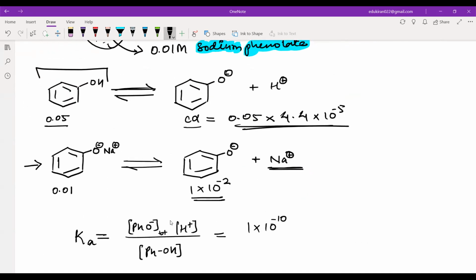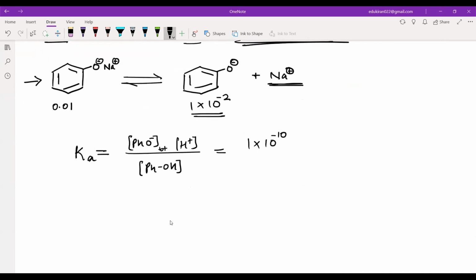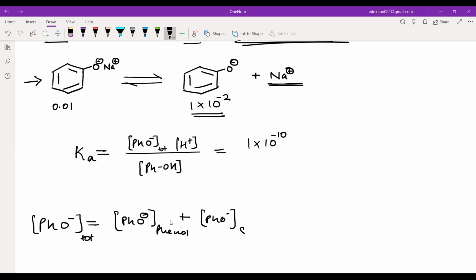So I can write the total PhO negative, that is the phenolate ion, is equal to the concentration of PhO negative from the phenol plus the concentration of PhO negative from the salt. Correct?